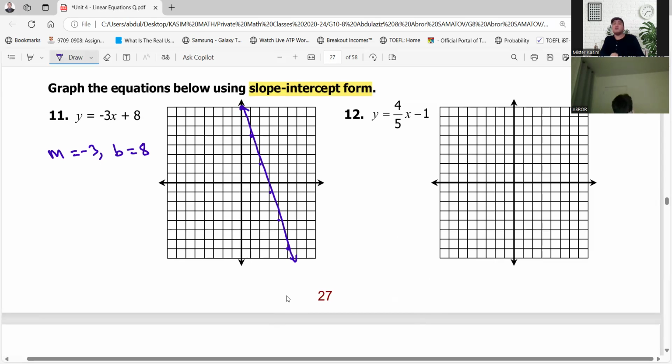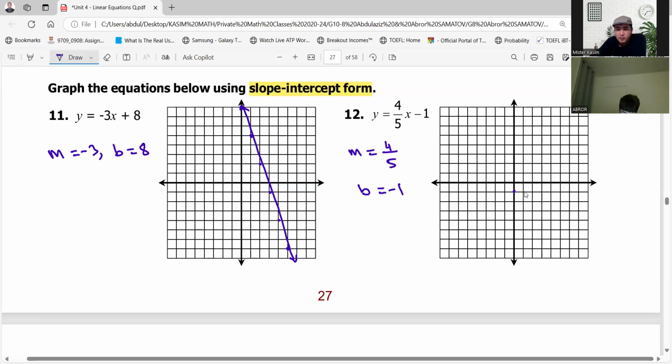And how about the second one? What is the slope? The slope is 4/5, m is the slope, right? And the y-intercept is -1. So -1 is here. And 4/5 means run 5 units, rise 4 units.